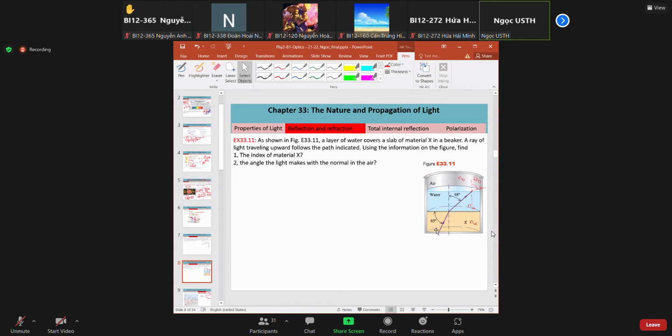So in this problem, we have a layer of water, and here is X material in a beaker, and the ray of light travels upward from this point, like this, for the part indicated here. And they ask you about the index of the X material.